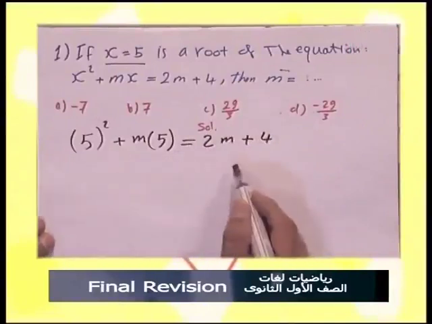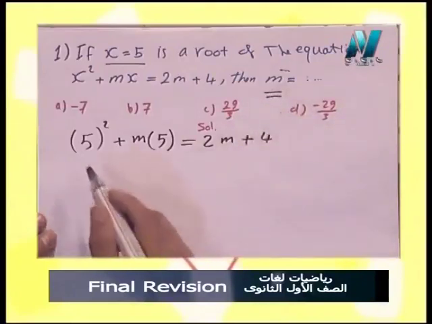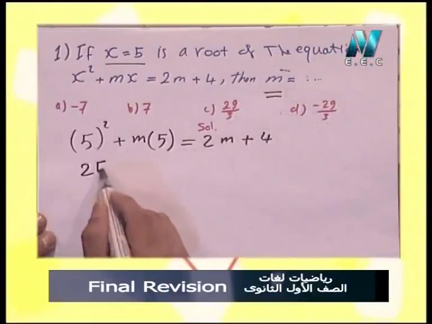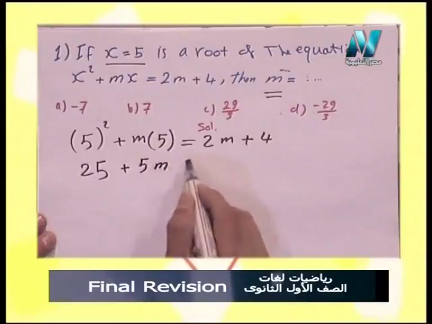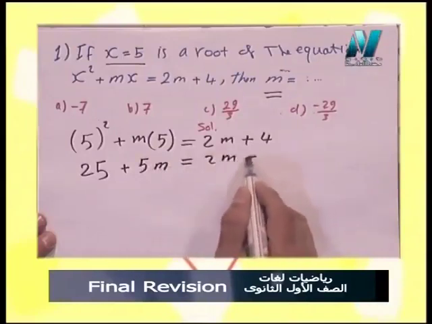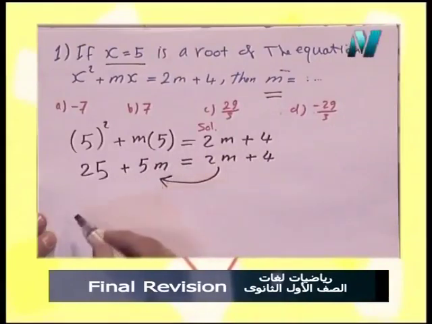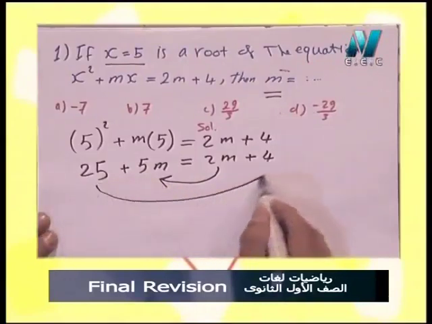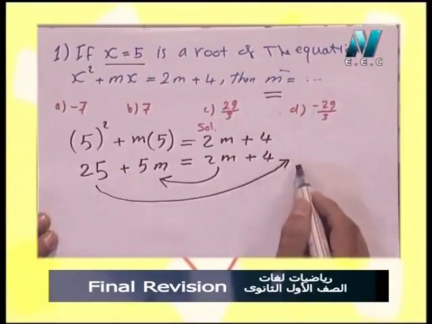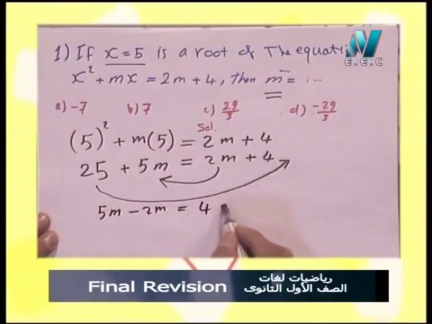We try to solve this equation and find m, which is required here. 5 power 2 equals 25, plus 5m equals 2m plus 4. We try to collect m on one side, the left side, and the numbers on the other side. So 5m minus 2m equals 4 minus 25.